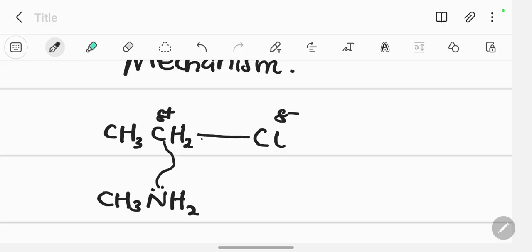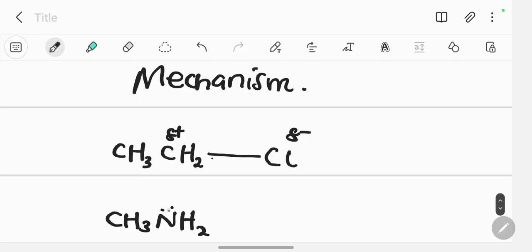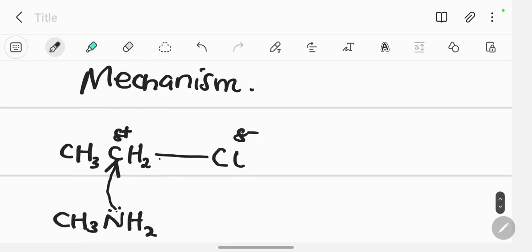It's going to be our methylamine, our aminomethane.